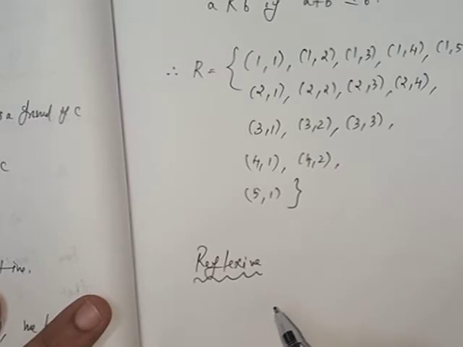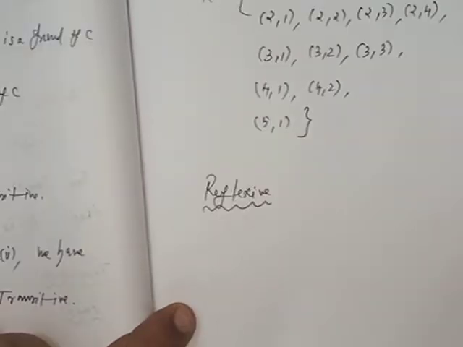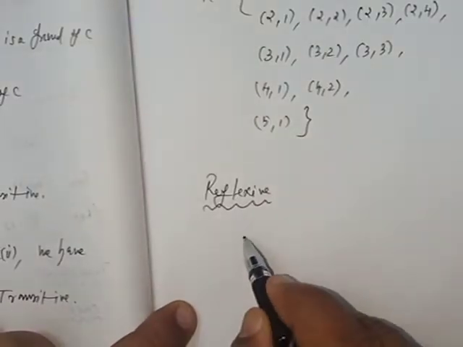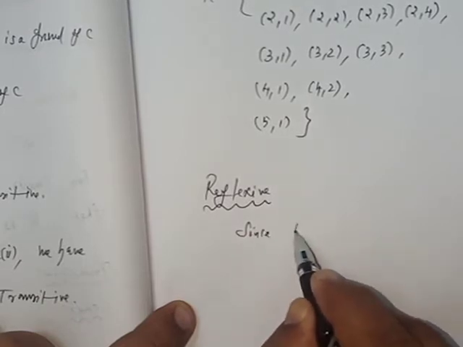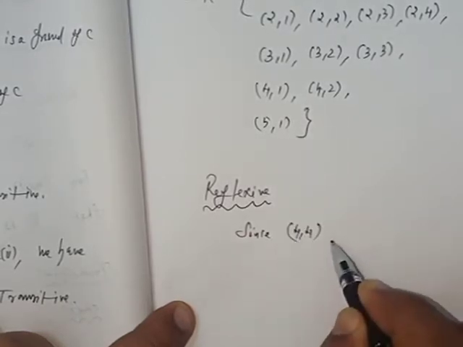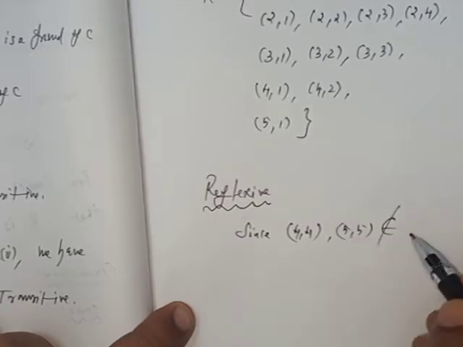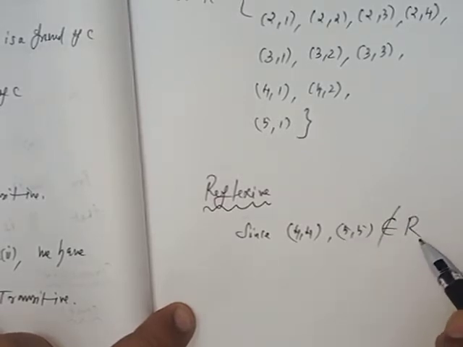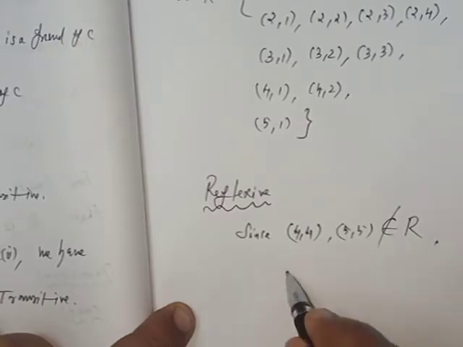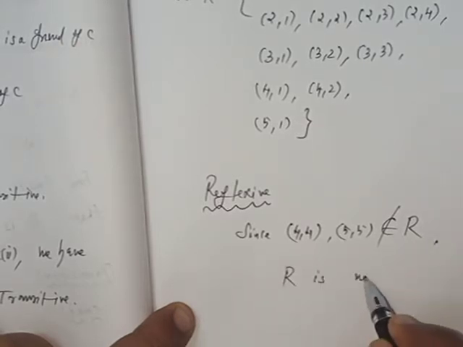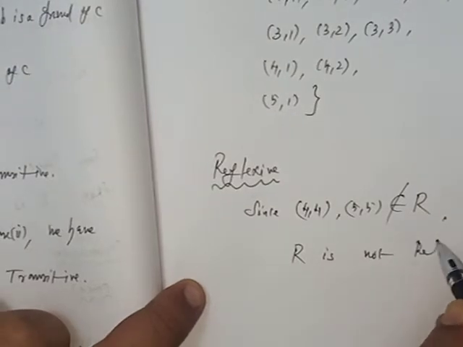So how to write? Straight away we can write: since 4 comma 4 and 5 comma 5 don't belong to the relation R, R is not reflexive.